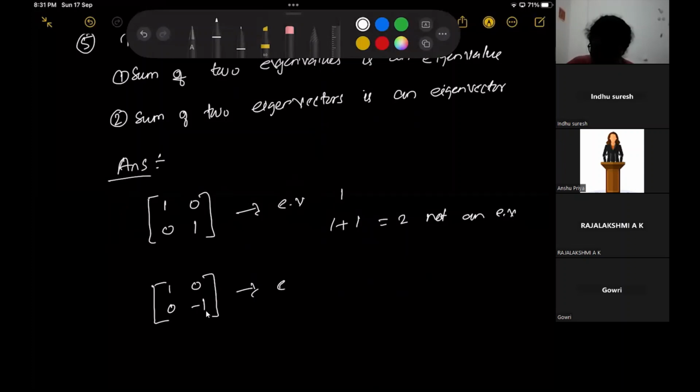So what are all the eigenvalues here? This is a diagonal matrix, so eigenvalues will be the elements in the diagonal.